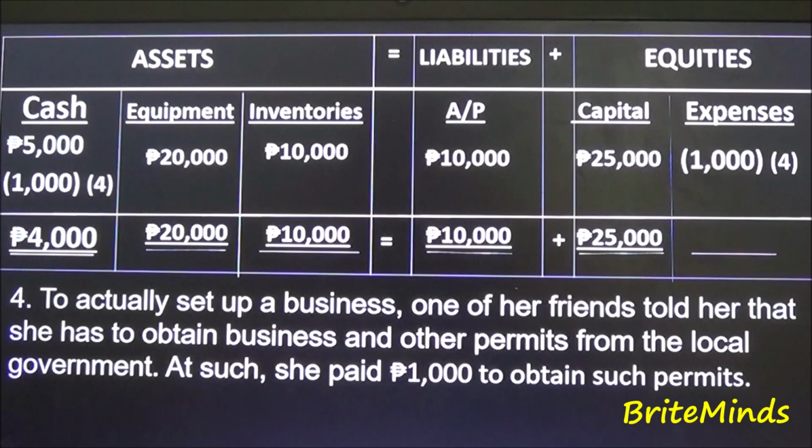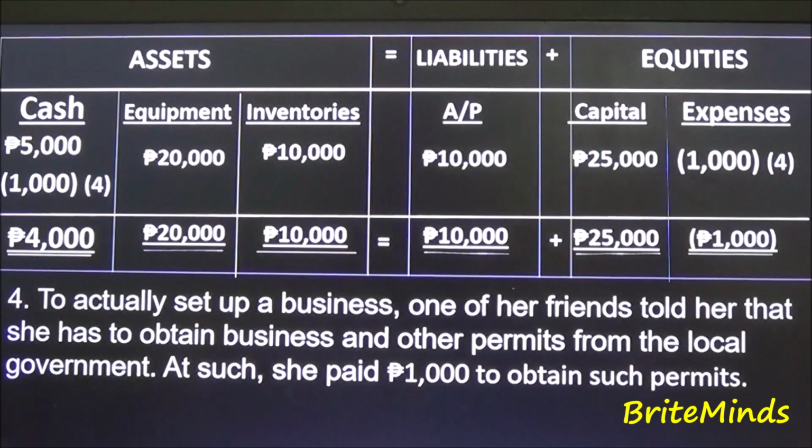Inventories is not affected, remains the same, 10,000. On the right side of the equation, accounts payable is not affected, it remains the same. Under the equities, capital remains the same, and our expenses is 1,000 pesos.